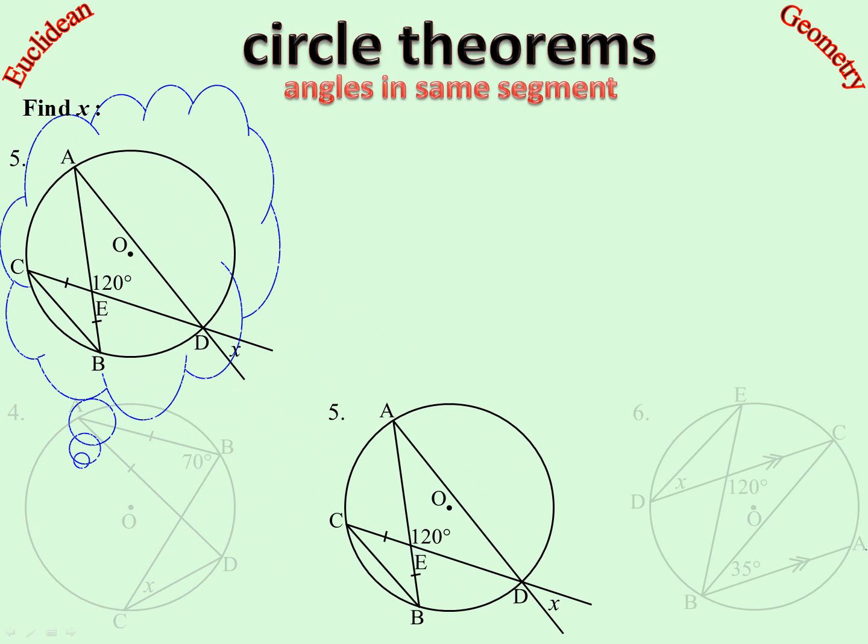Number 5. There's our bow tie. There's our angles in same segment setup. So we have to find x there. So we say, well, what's x equal to? There we are. Vertically opposite. What's that x equal to?